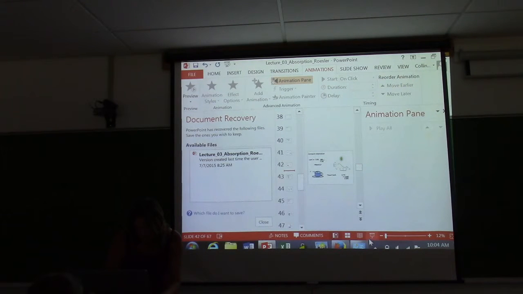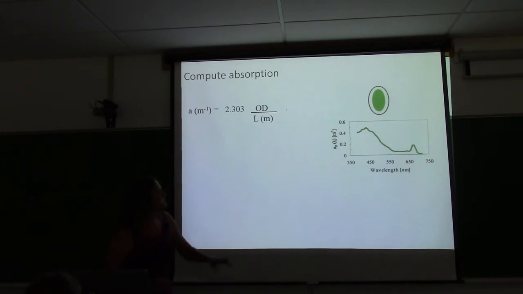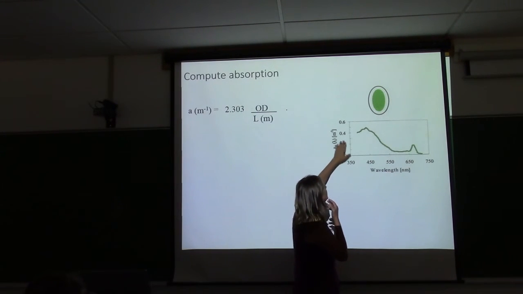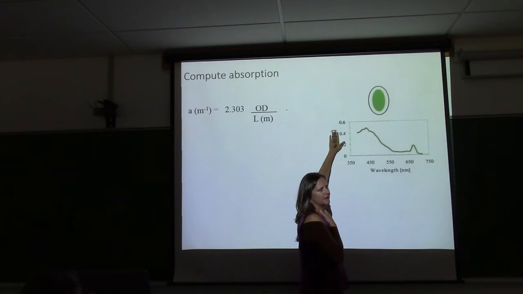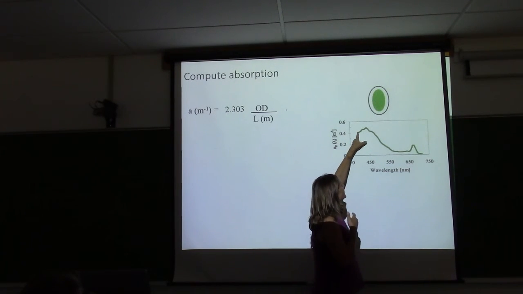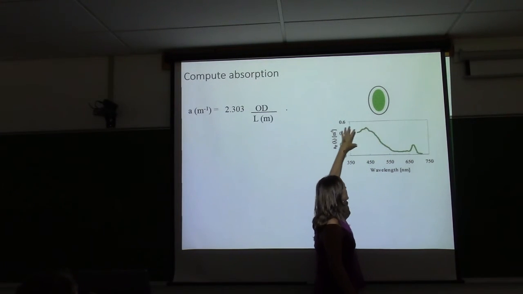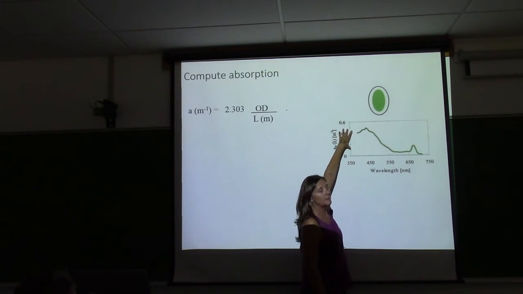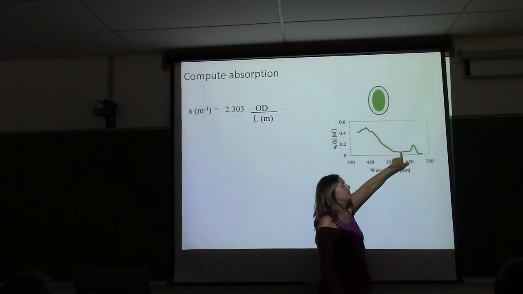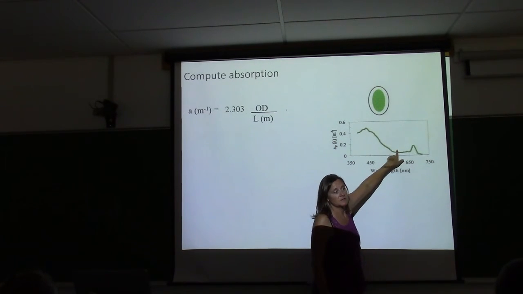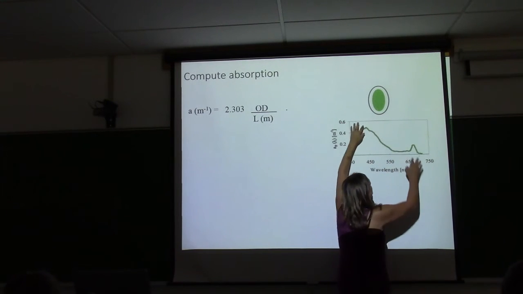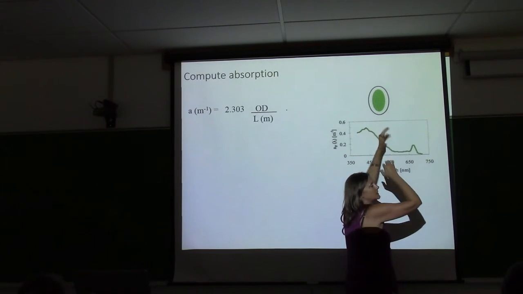If this was the optical density coming out of the spectrophotometer, you really want the majority of the spectrum to be between 0.1 and 0.4 optical density units, or absorbance units. Obviously it's going to be lower here because there's not much absorption here, but you'd like to keep the major peaks within that range.